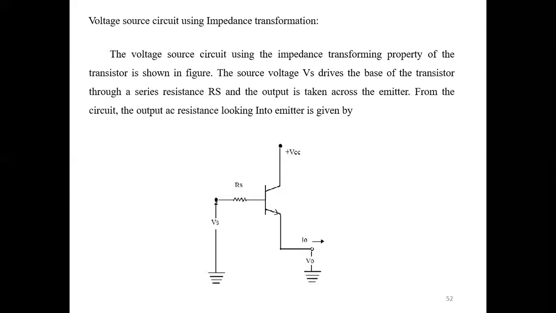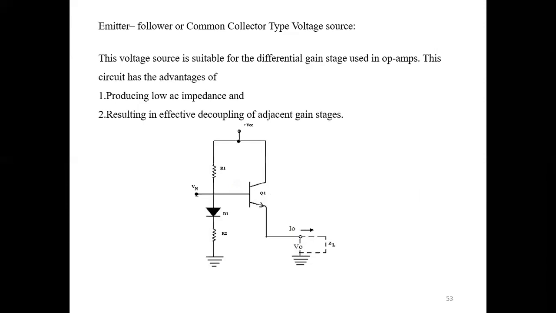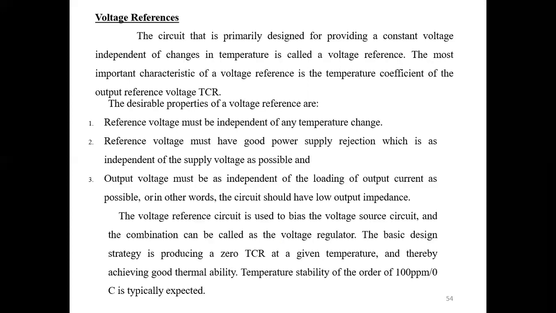This is a basic voltage source circuit using the impedance transforming property of the transistor. This circuit has the advantage of producing low AC input impedance, resulting in effective decoupling of adjacent gain stages.